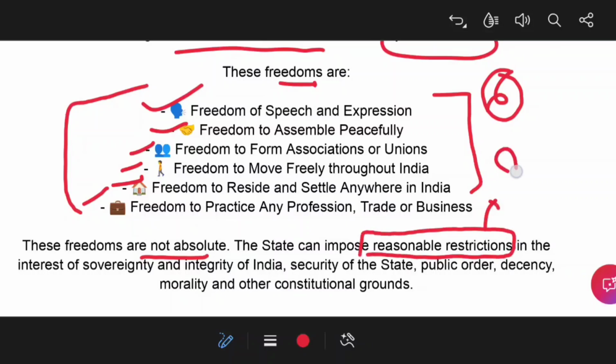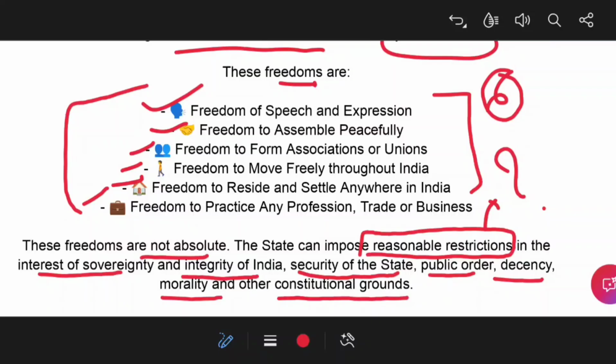But what is a reasonable restriction is nowhere defined. Nowhere is it defined what actually comprises a reasonable restriction. It is in the interest of the sovereignty and integrity of India, security of the state, public order, decency, morality, and other constitutional grounds.